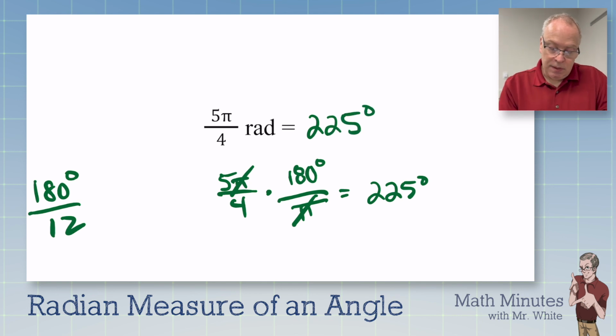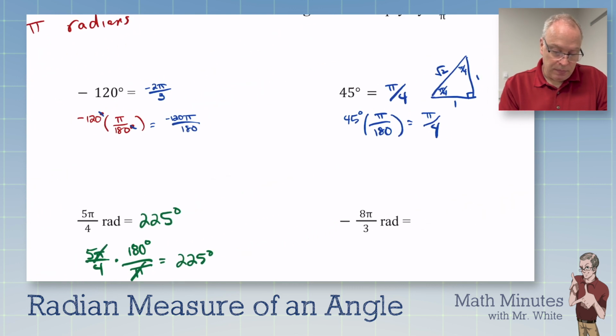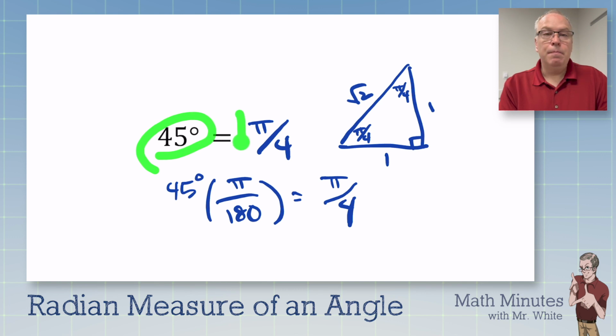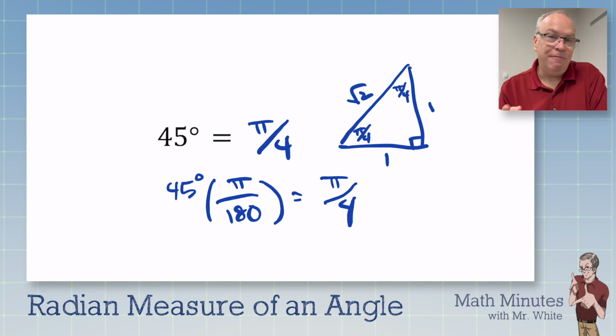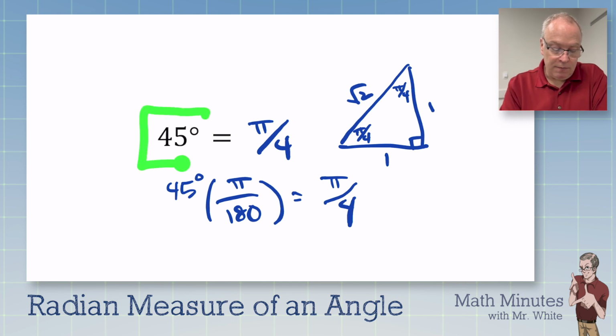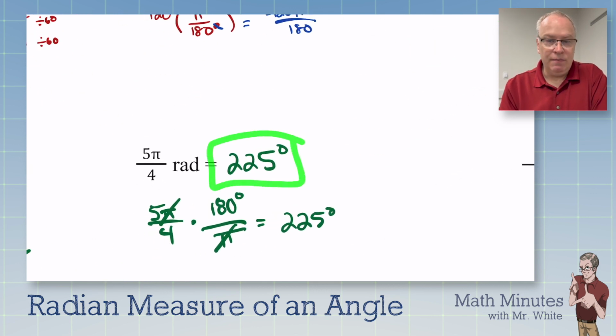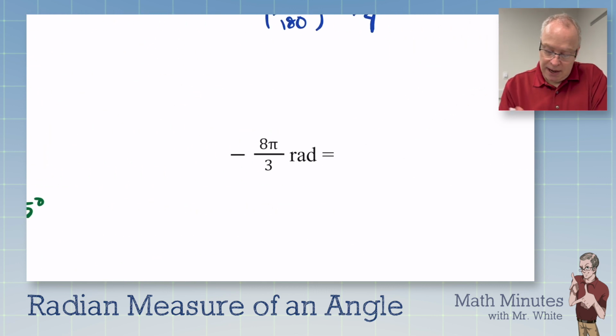Let me draw a connection here for you. Earlier, we said that 1 pi over 4 was 45. So how many would 5 of those be? Well, if you take your calculator and take 45 times 5, what do you get? 225. They're equal.